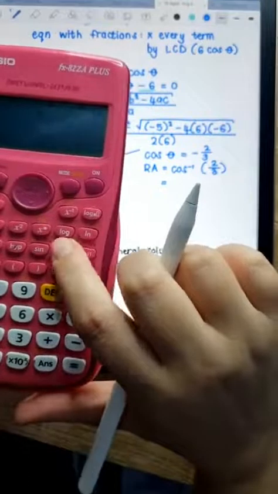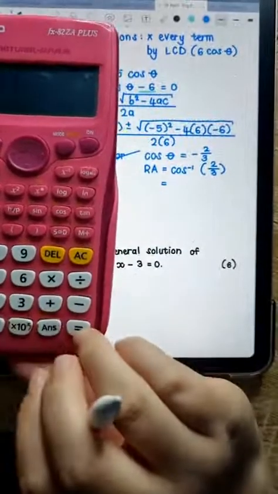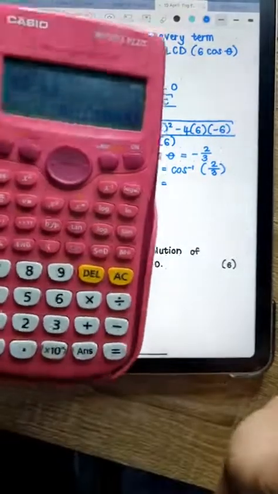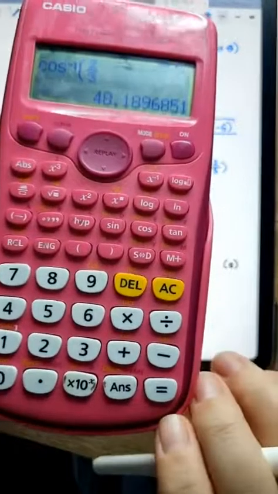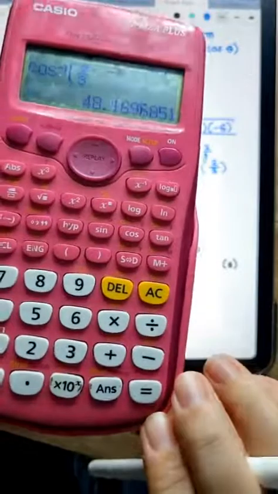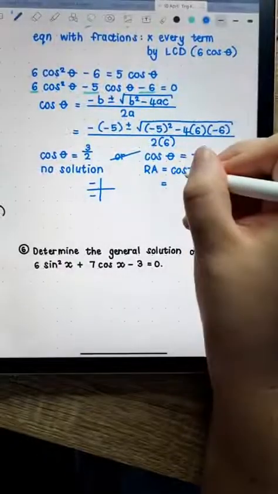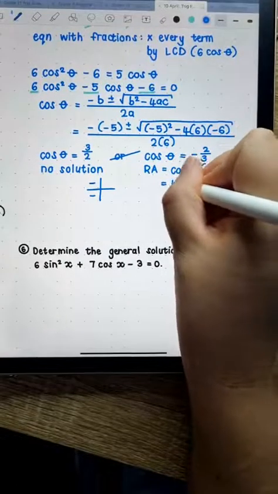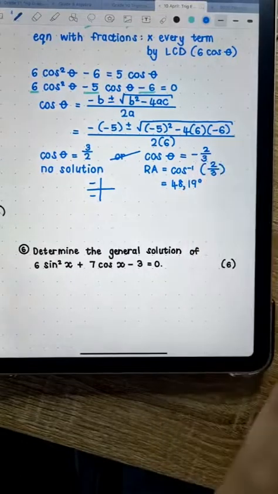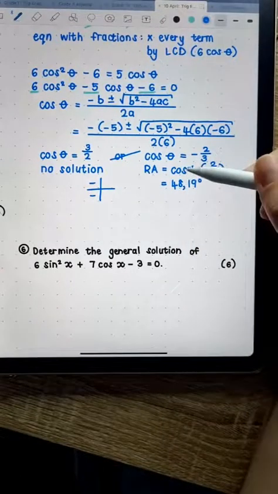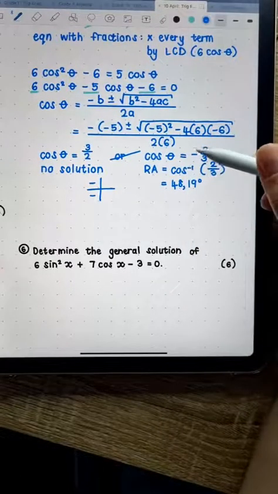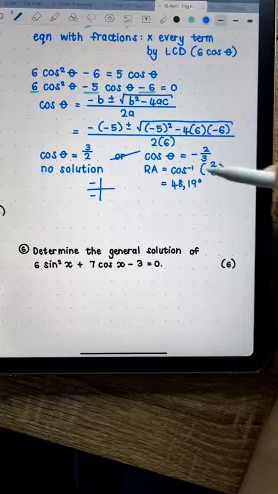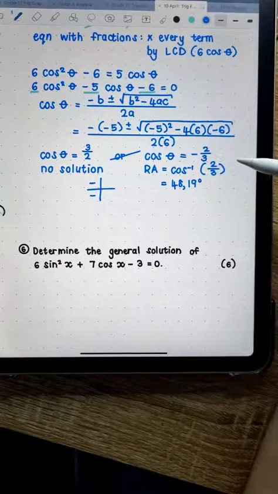So you do shift cos 2 over 3, and then you get 48,19 degrees. I feel like that's something that we got in another example earlier. So please, guys, when you're finding your reference angle, you do not type in the negative. You type in the positive.